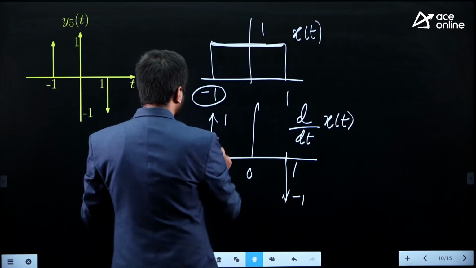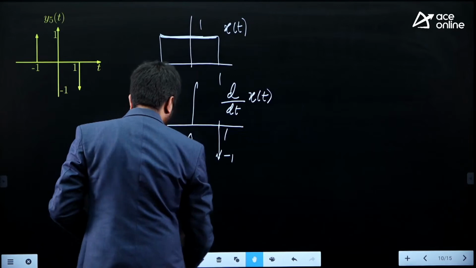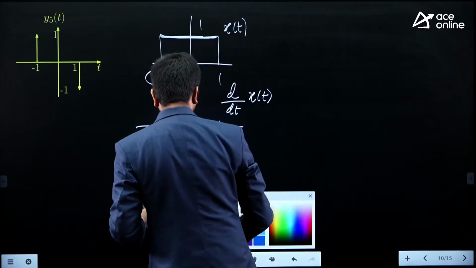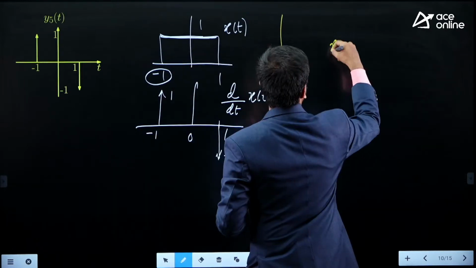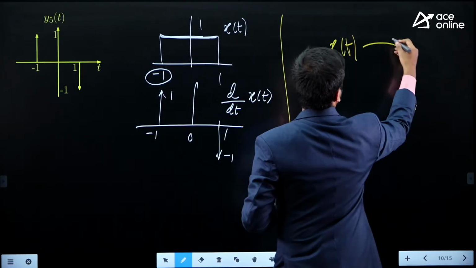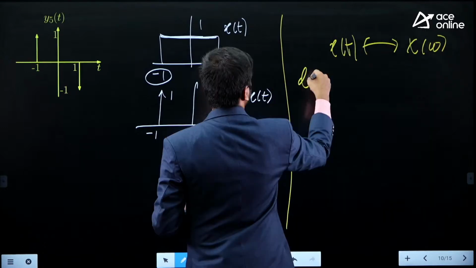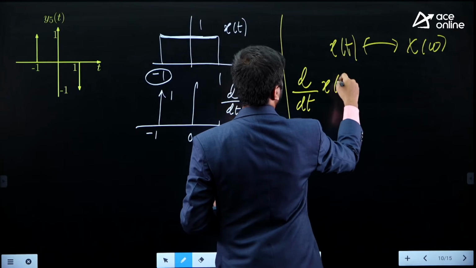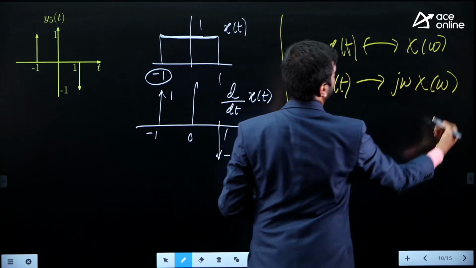So let's see what is differentiation in the time domain. If x of t has Fourier transform x of omega, then what's the Fourier transform of d by dt of x of t? It is simply j omega x of omega.